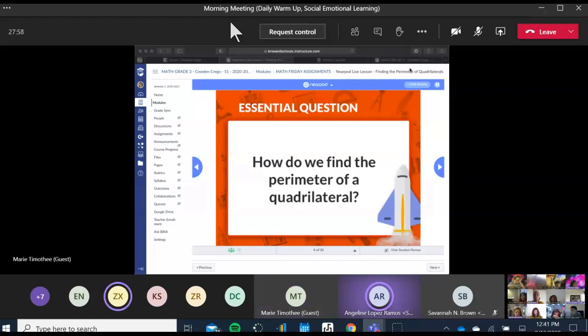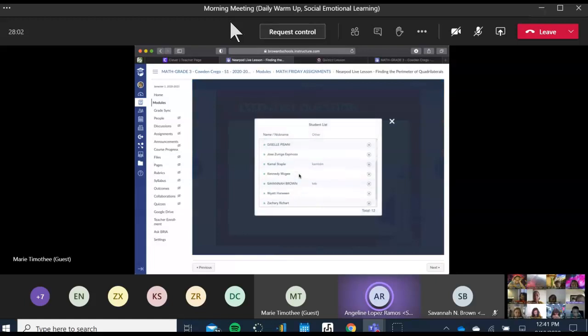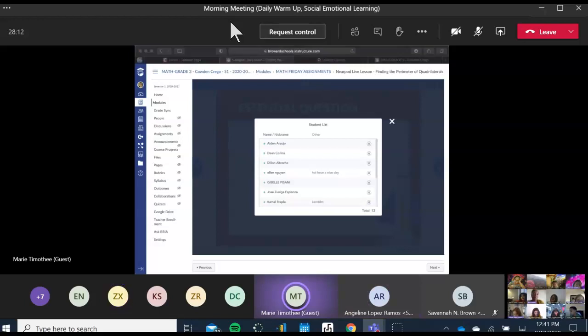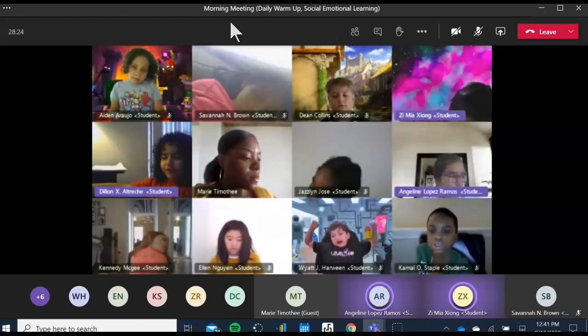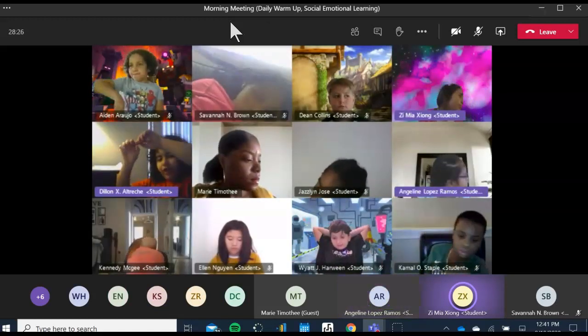And where is it? When you look at our math class and you look at Friday, it says Nearpod Live Lesson, Finding the Perimeter of Quadrilaterals. If you don't see that, just click on Friday.